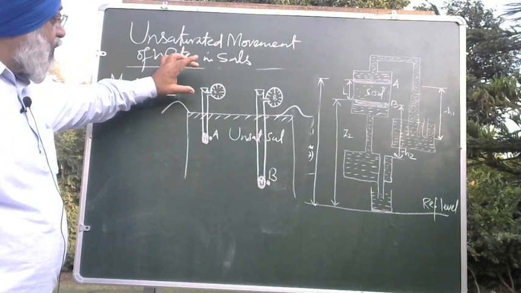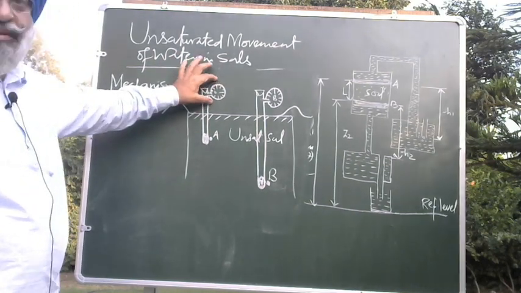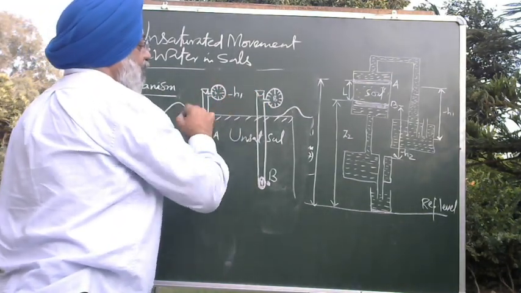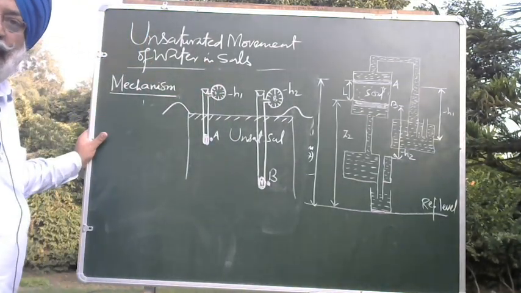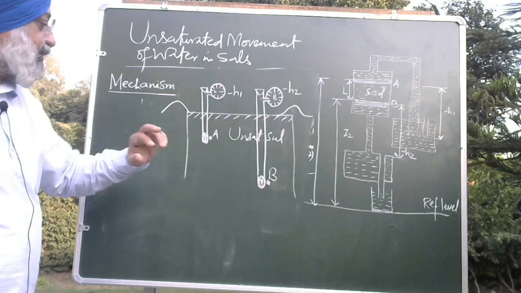Whatever the moisture content over here, depending upon that you will get the matric potential. So this will give you minus H1, and this will give you minus H2. Very simple.